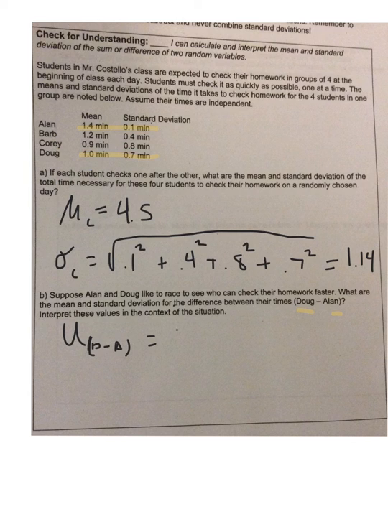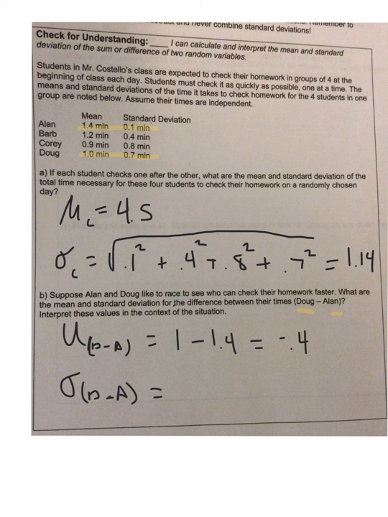So it would be 1 minus 1.4, which is going to give you negative 0.4. Oh, and so if we want to do the standard deviation of Doug minus Alan, never subtract, right?